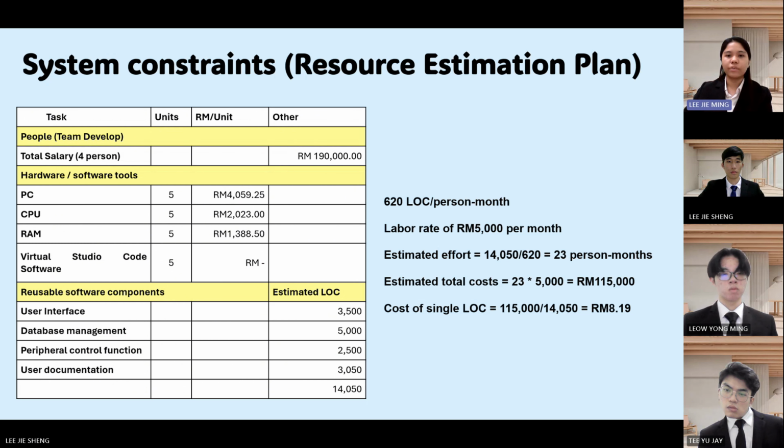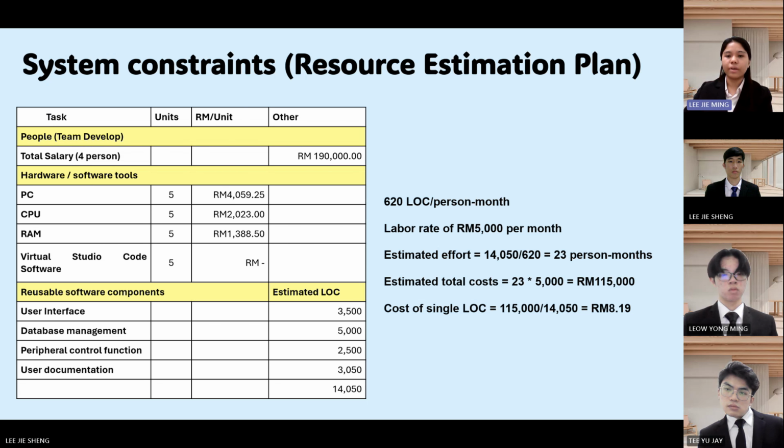So based on the resource estimation plan, we can calculate the estimated effort and the cost of a single LOC. We assume that it is 620 LOC per person-month. The labor rate is 5,000 per month.